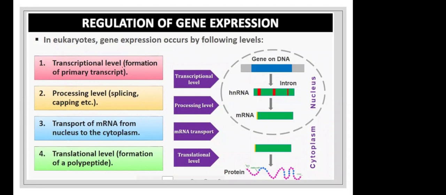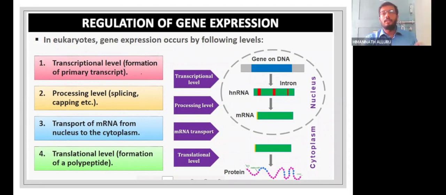Once the transcription has happened, if it is later decided there is no need of that particular protein, then processing will not happen. Those expressing sequences will be converted into non-expressing sequences. In the hnRNA itself, they will be spliced out. Or after splicing, the body may decide there is no need of that hormone or enzyme, that particular protein.